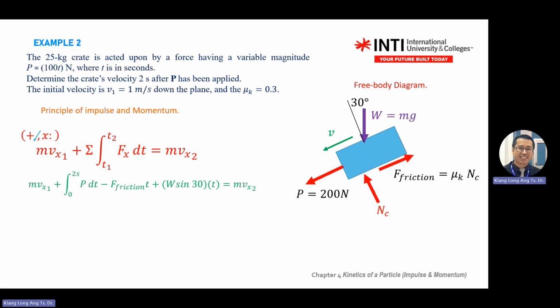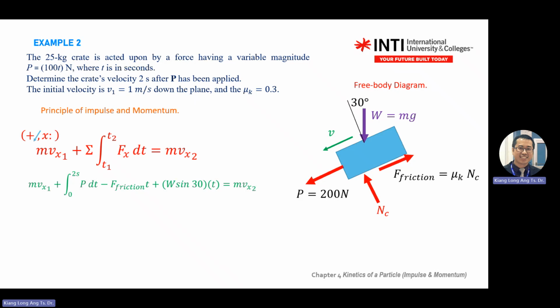So m v1x plus the integral of P dt, minus friction, because friction goes opposite to your x direction, plus W sine 30, because if you split your W, you have one component going this way and one going down. Looking at the x direction only, you don't know the time yet.